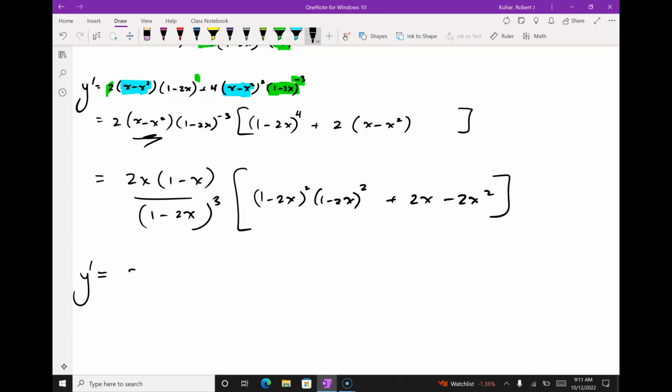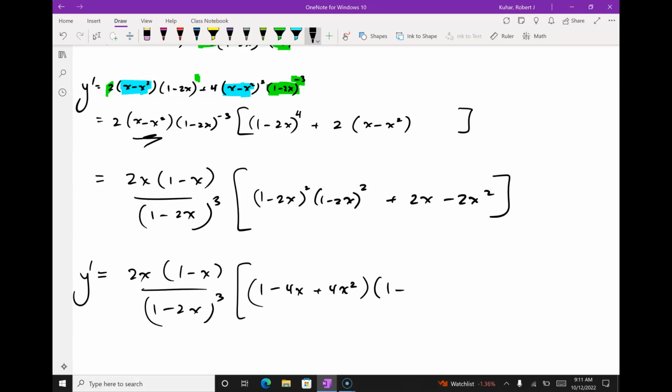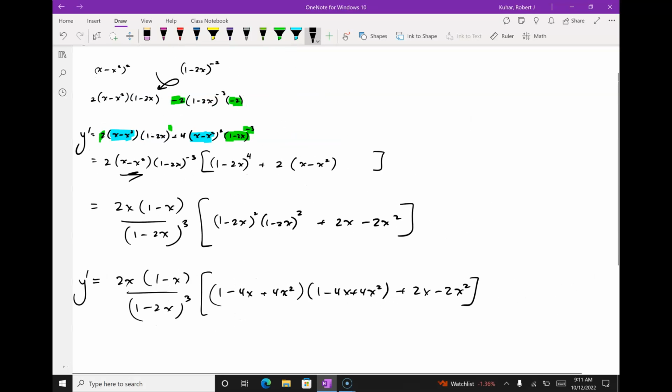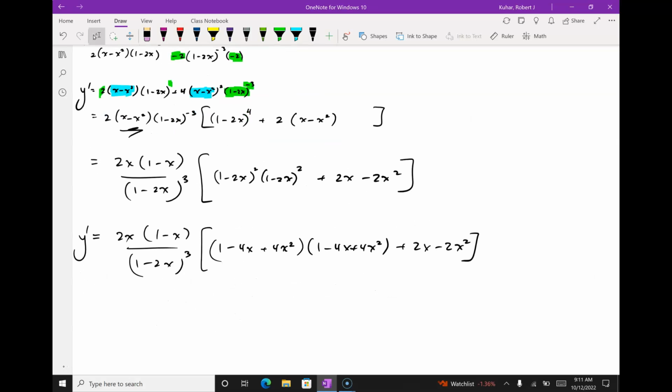So it's kind of horrible. So here I get 1 minus 4x plus 4x squared times itself. And it's just horrible, right? But what can I do? I got nothing else to do, so why not finish it?